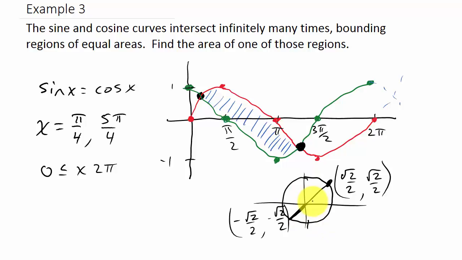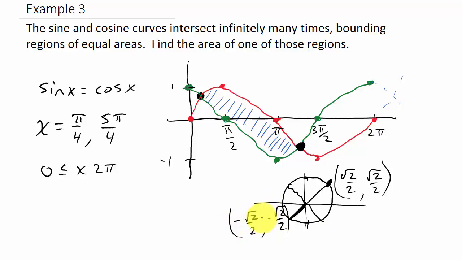And yes, we have the second quadrant and the fourth quadrant, but in the second quadrant, sine would be positive square root of 2 over 2 and cosine would be negative square root of 2 over 2, so they wouldn't be equal. And in the fourth quadrant, sine would be negative square root of 2 over 2 and cosine would be positive square root of 2 over 2, so they wouldn't be equal.